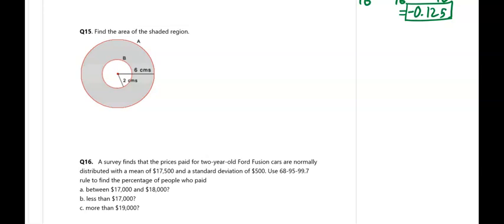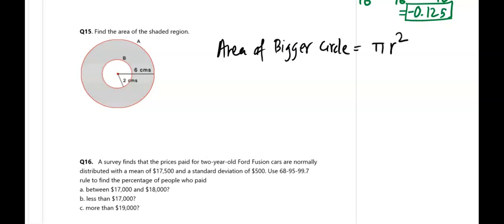15. Find the area of the shaded region. There are two areas: one is the inner circle, and the other is the outer circle. The area of the bigger circle equals pi r squared. The radius for the bigger circle is 6, so 6 squared is going to be 36 pi.